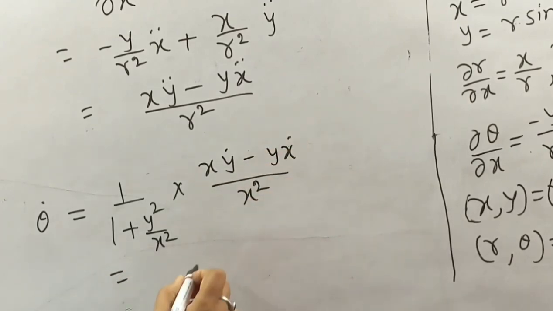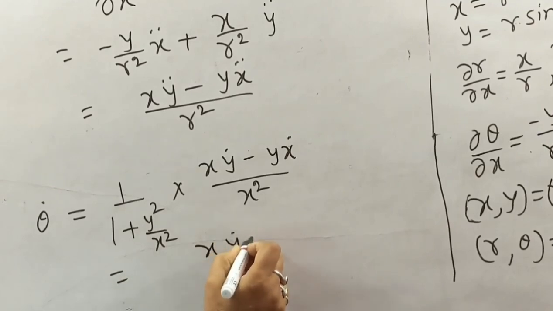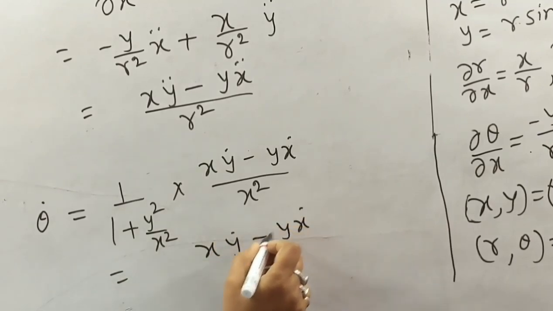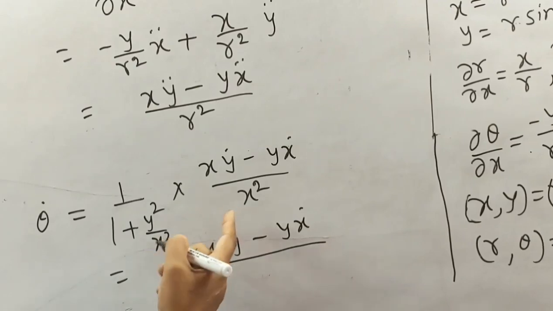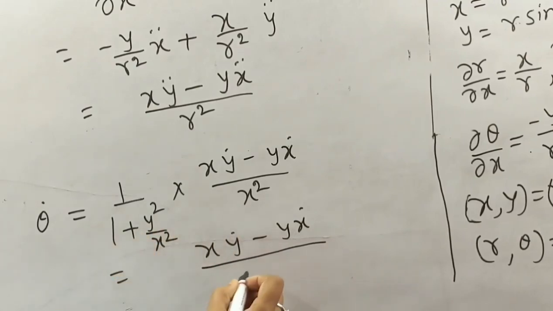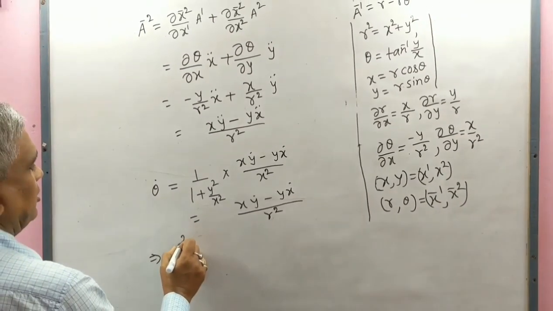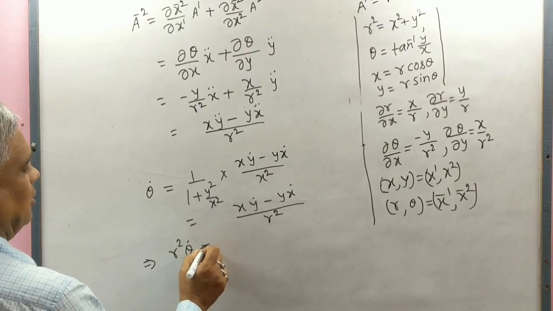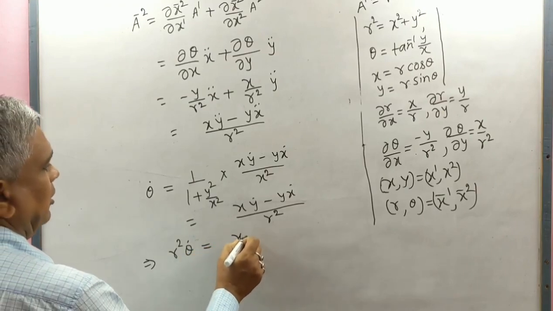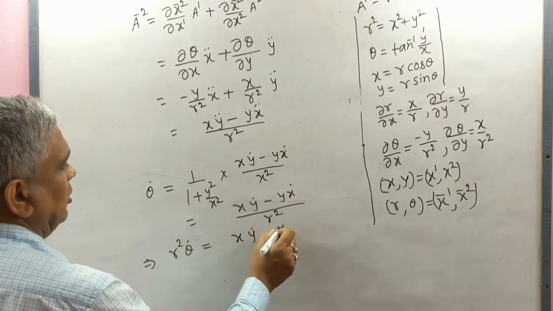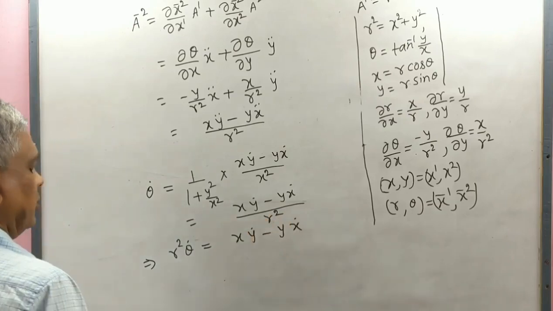This is x y dot minus y x dot by x square plus y square, that means r square, which implies that r square theta dot equal to x y dot minus y x dot.